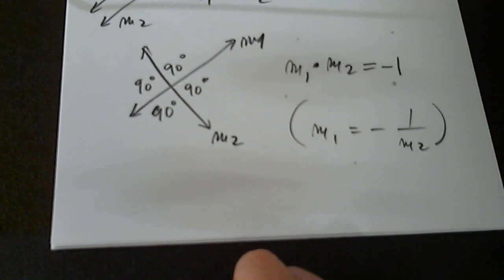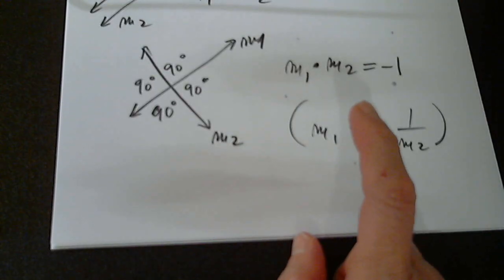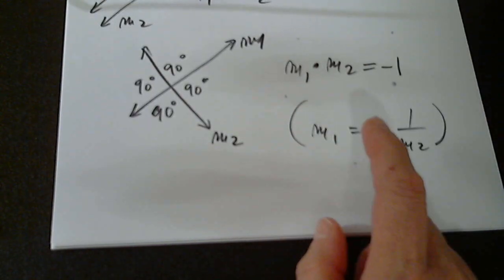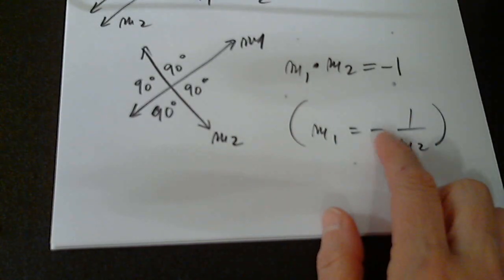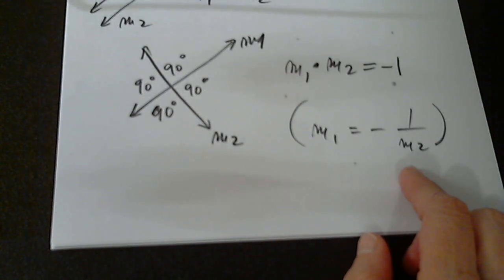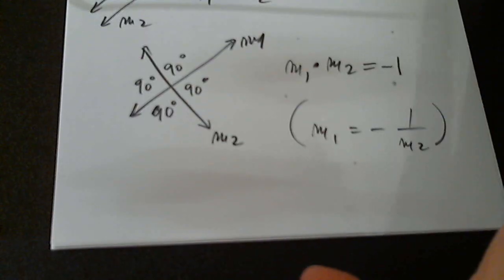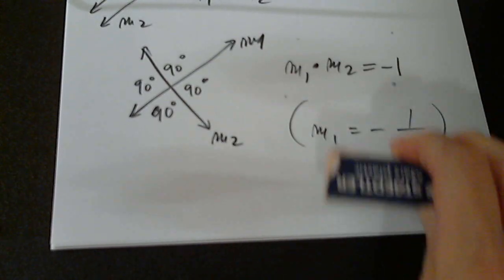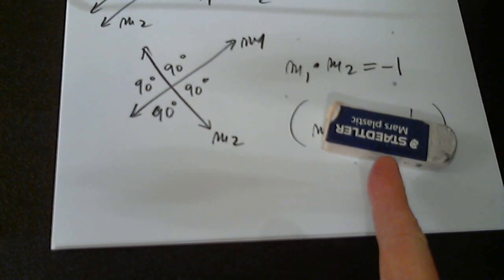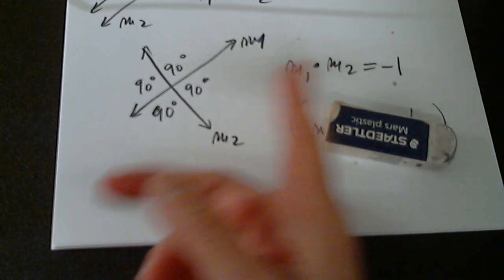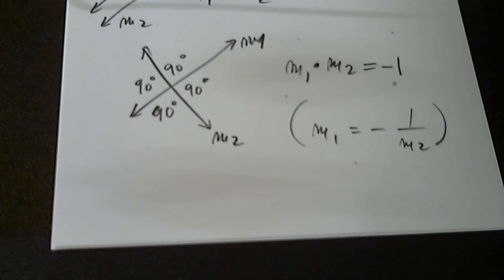The product is -1, or the slope of one line equals the negative multiplicative inverse of the slope of the other line. It's up to you. Both are the same. I will never use this. Easier to say the product is -1. But everybody has a style. You create your own. That's fine.